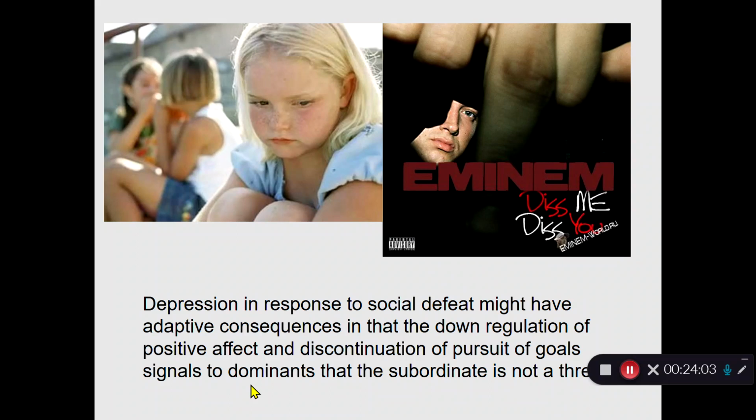Isn't that nice? We get put down by the dominant members of our group, and that causes us to be depressed and to withdraw from the group, to signal to the dominance that we're not a threat anymore. Maybe that has adaptive value. I guess if the dominants were going to beat you up if you didn't withdraw, then that had survival value.